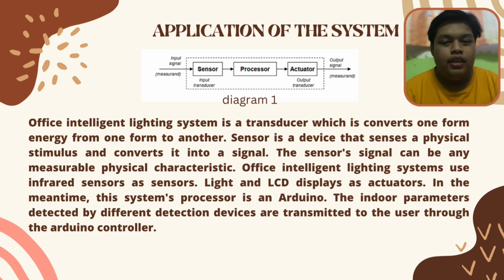The Office Intelligent lighting system uses an infrared sensor as the sensor, and light and an LCD display as actuators. In the meantime, this system's processor is an Arduino. The indoor parameters detected by different detection devices are transmitted to the user through the Arduino controller.